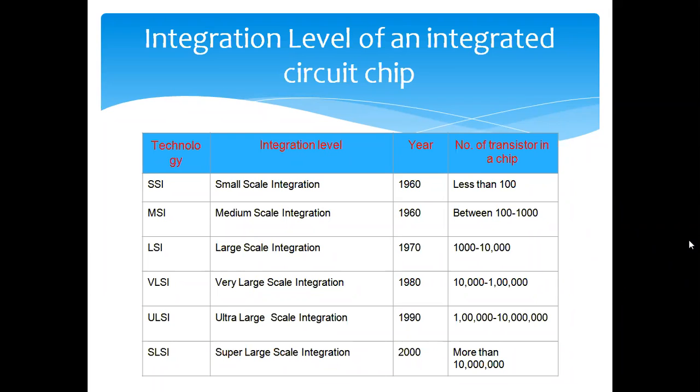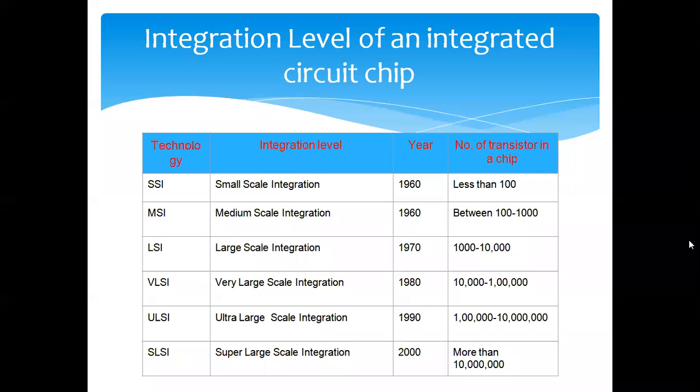Then you have LSI, large scale integration. See how technology is evolving day by day, year by year. In case of LSI, you can accumulate 1000 to 10,000 transistors on a single chip. Now after LSI you have VLSI, very large scale integration.